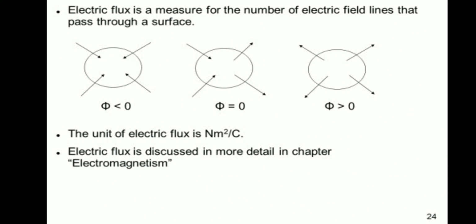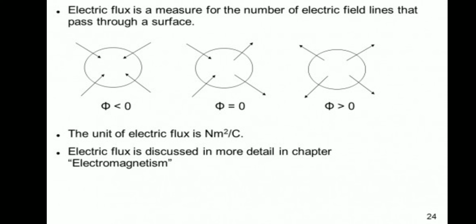Now look into the second figure. Two electric field lines are entering it, and two electric field lines are leaving it. That means equal and opposite charges are there. Let's take an example that plus Q is there and minus Q is there, and hence the total charge is going to be 0. Since the charge is 0, the flux is 0.